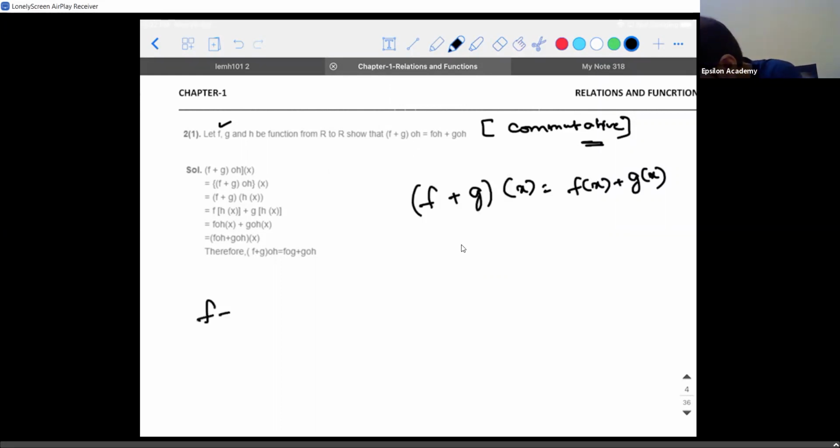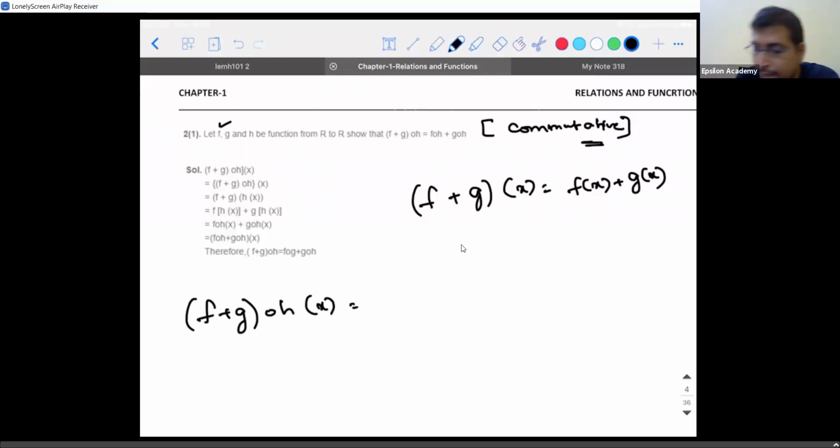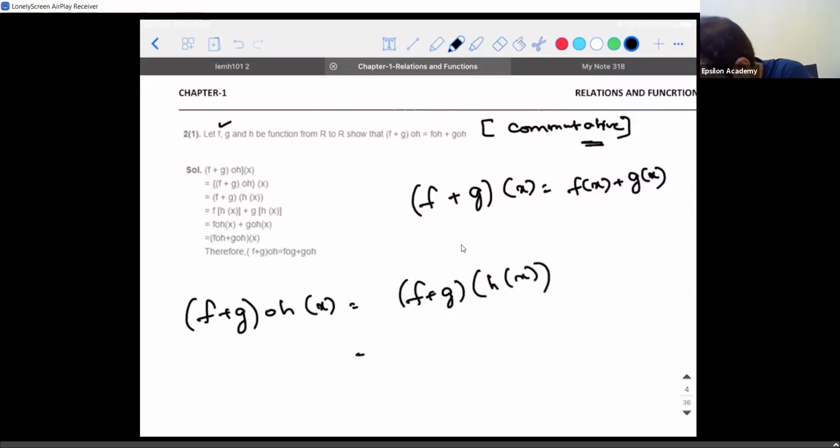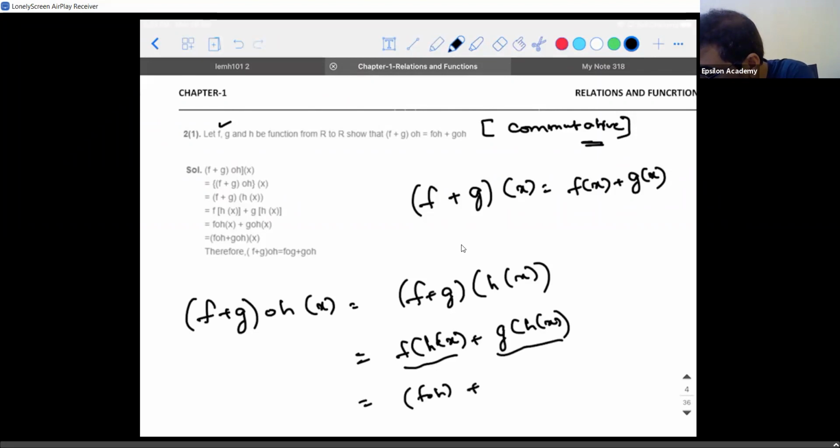So if you have (f plus g) circle h of x, then I can write it as f of h of x plus g of h of x. So when I write it, this is nothing but f circle h, plus this is nothing but g circle h. Provided the functions are defined from R to R, it's a simple thing. So these are all called real valued functions.